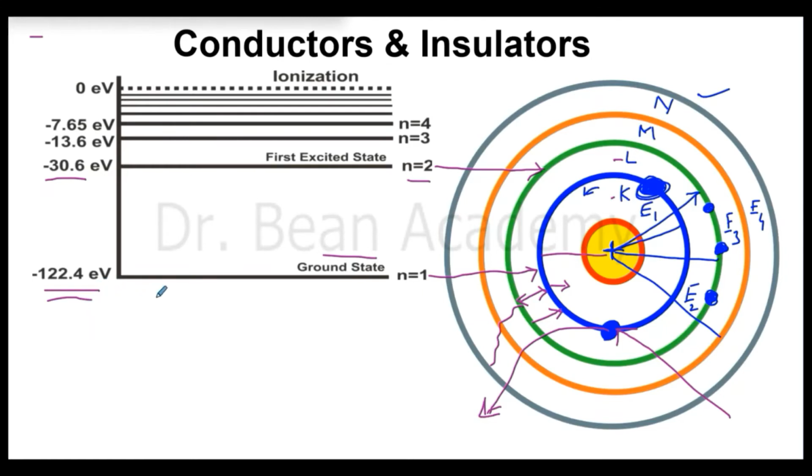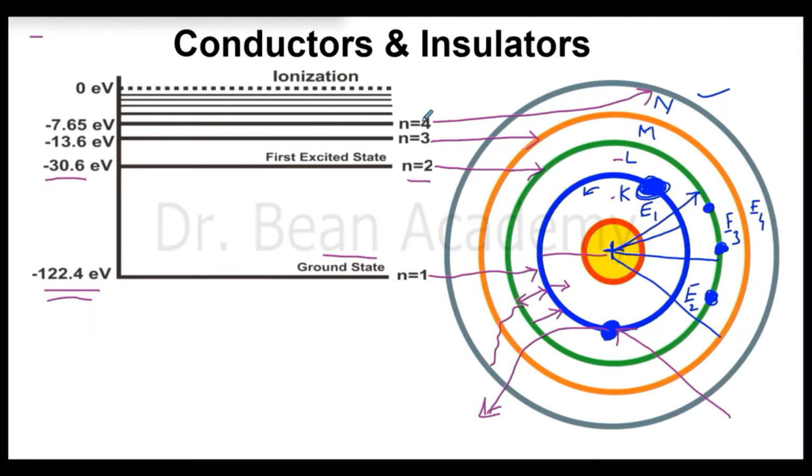I will explain it further later. Similarly, n equals 3 is the third orbit, or M orbit, and n equals 4 is the N orbit, the outermost or valence shell in this case.